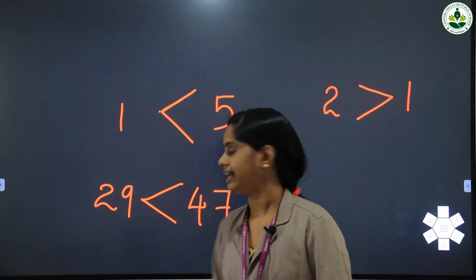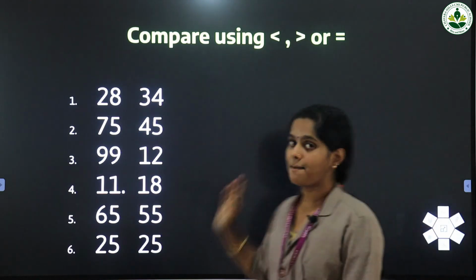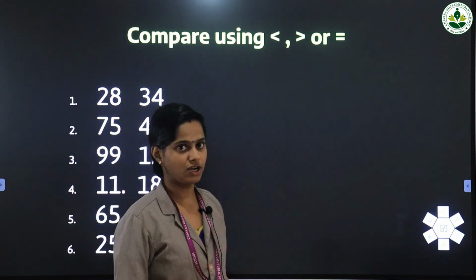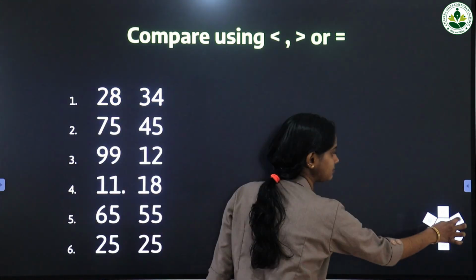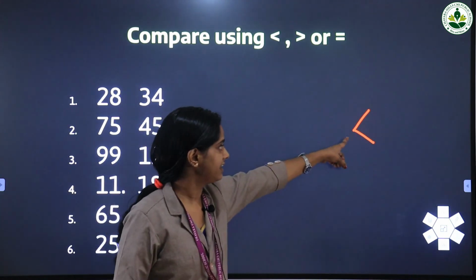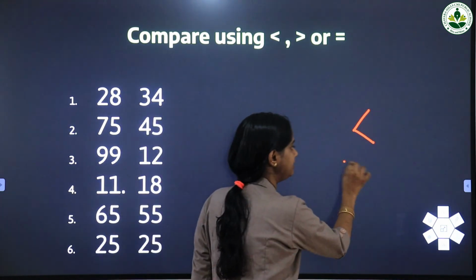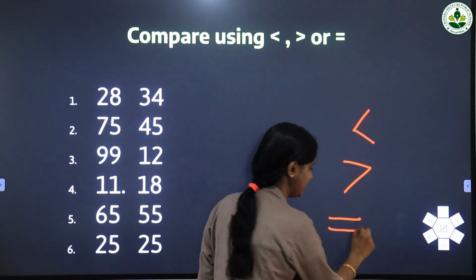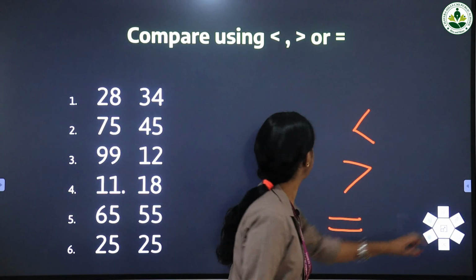Okay, let us do some problems. Compare using less than, greater than or equal to sign. This is read as less than, this is read as greater than and this is read as equal to.